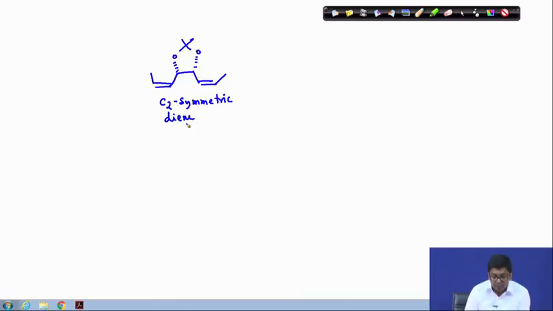So, this diene, if it is exposed to a modified Simmons-Smith reagent, here what they have used is diethyl zinc and methylene iodide for the generation of this modified Simmons-Smith reagent, and once it has been generated, then it gives the corresponding cyclopropane ring.